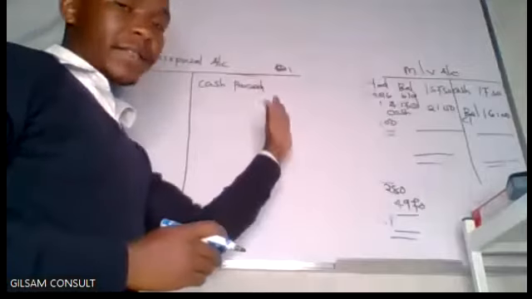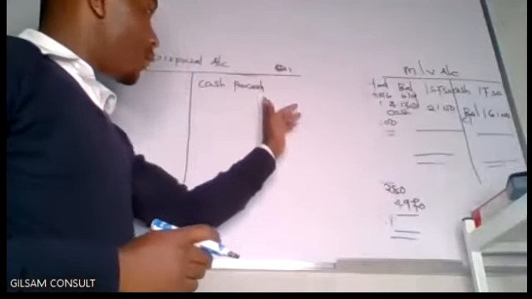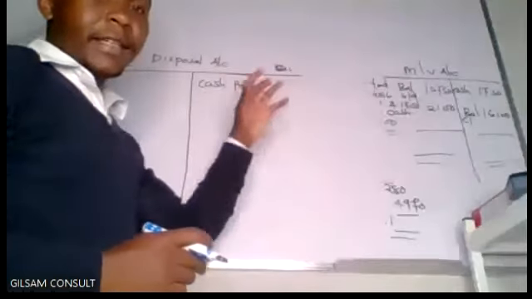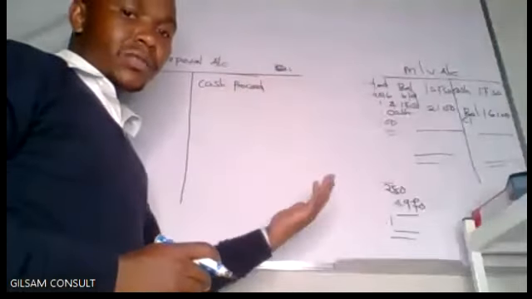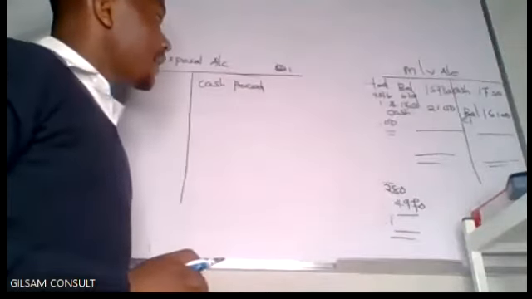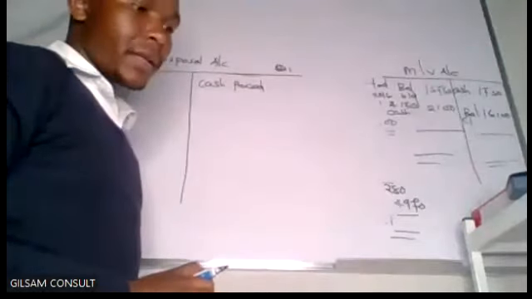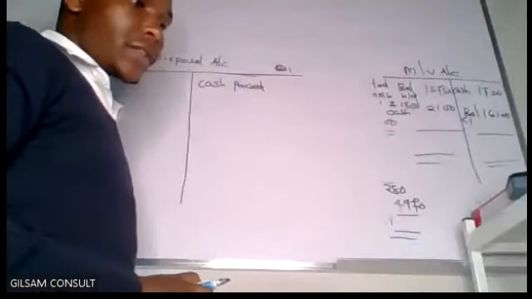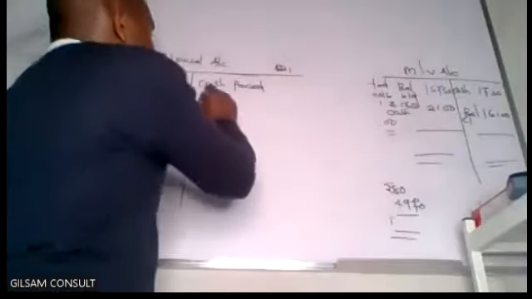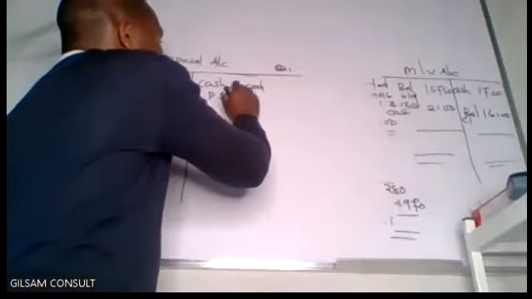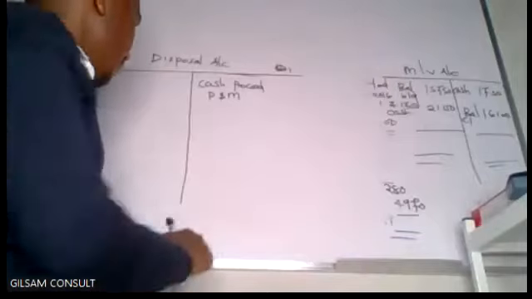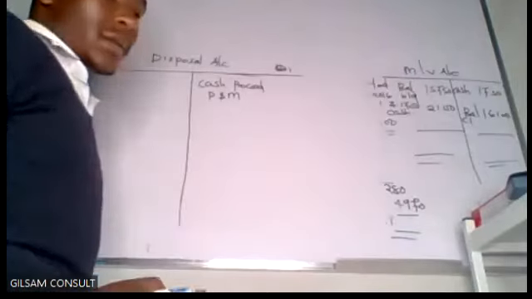Cash is an asset that increases, so you debit that asset account and credit this one because it's an income. You sold something and got money, so it's an income. The first cash proceed: what did we sell? Look at note number 2. We sold plant and machinery.